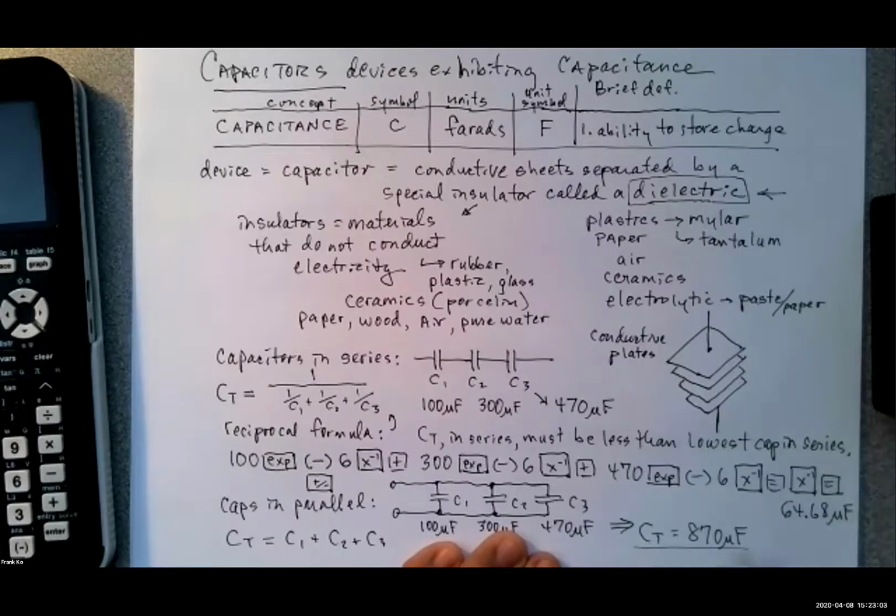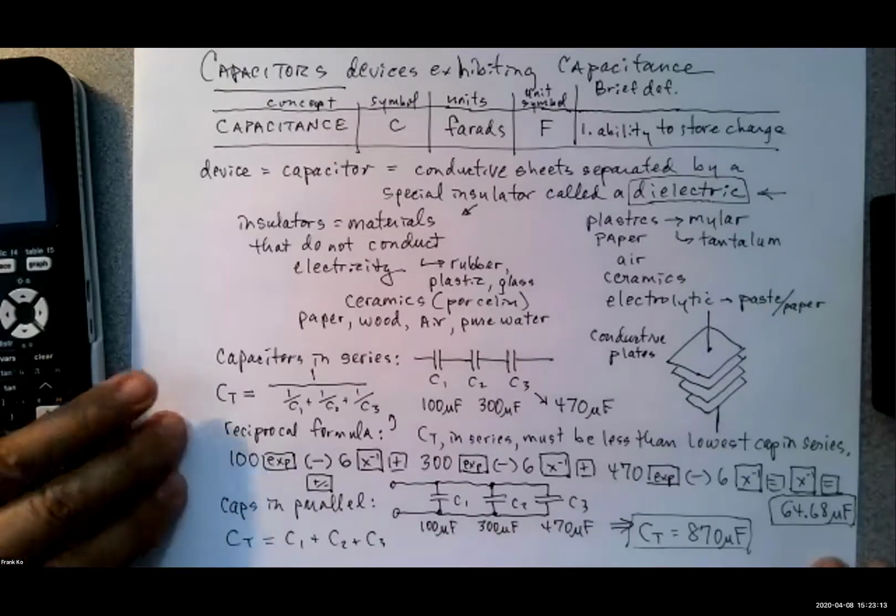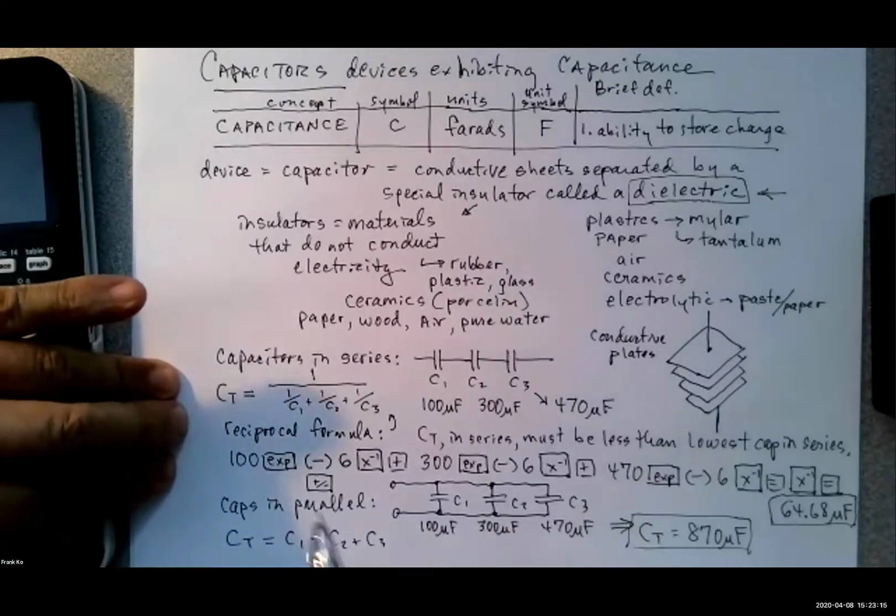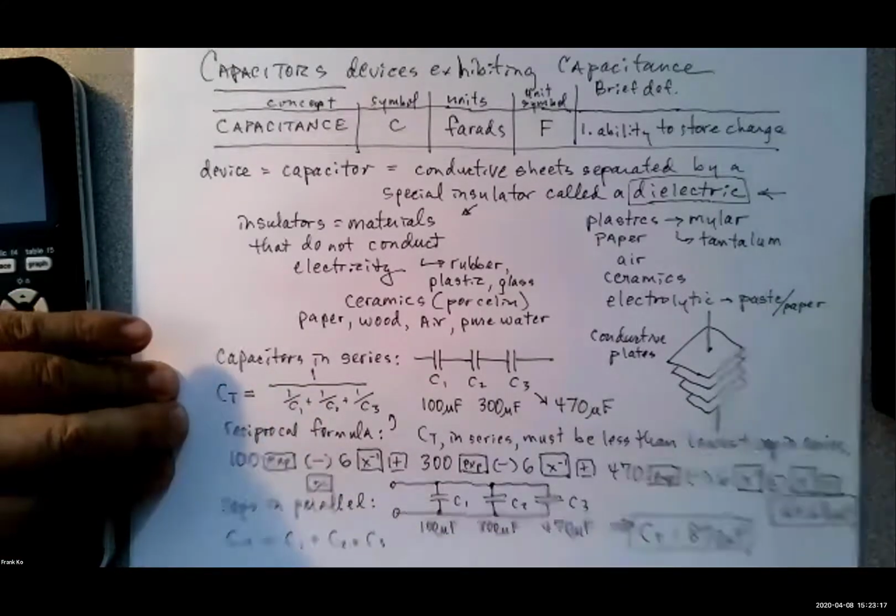So in series, we have this value, and in parallel, we have this value. In series, we had this value. Let me outline a few things here.